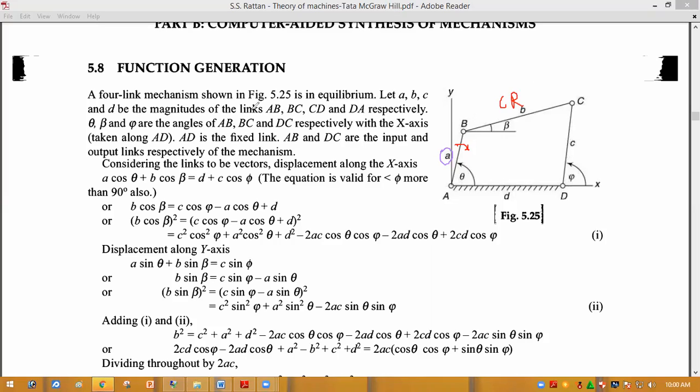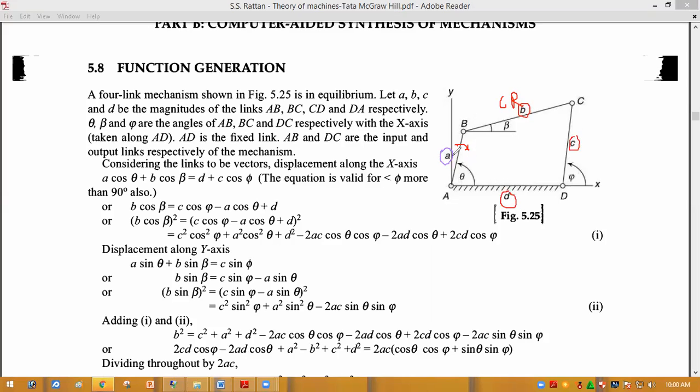Here a, b, c, d denote the magnitudes of the links AB, BC, CD, and DA respectively.